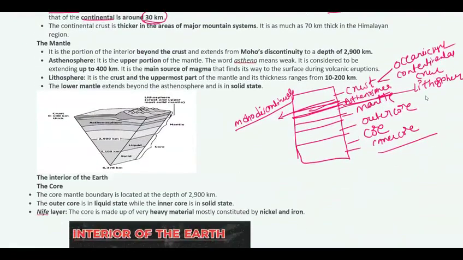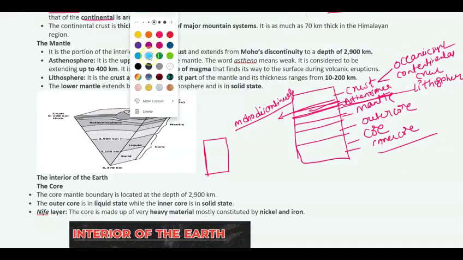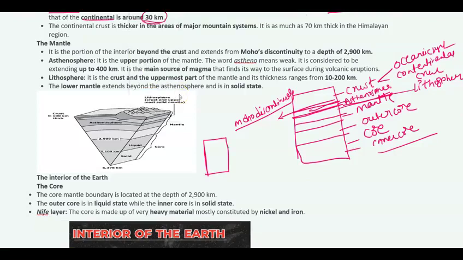Okay. Now let's come to the mantle. I'm talking about the mantle. This is crust. Let me use another colored pen so that it will be easy for you to remember. This is crust. Now I'm talking about the mantle.